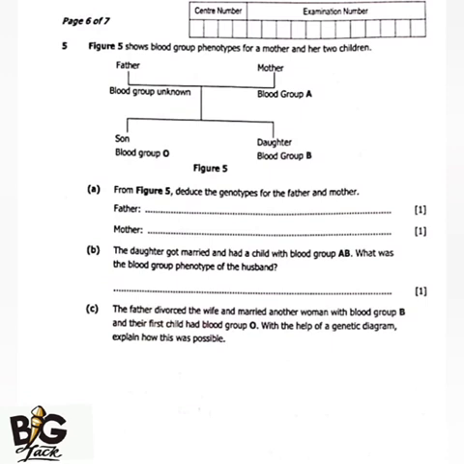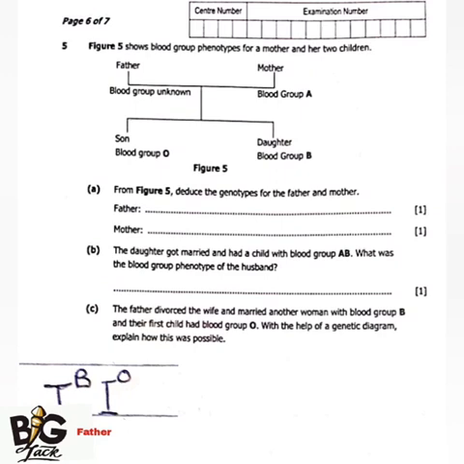A genotype is the genetic composition of a living organism, and genotypes are represented by alleles. Blood groups have a special allele, which is capital letter I. So blood group B heterozygous is capital I to the power B, capital I to the power O. This shows that alleles go in pairs.